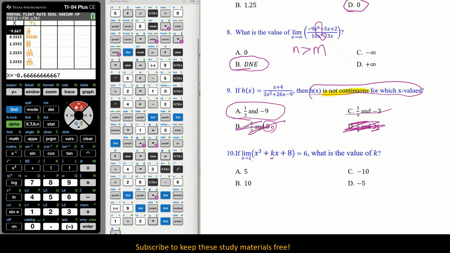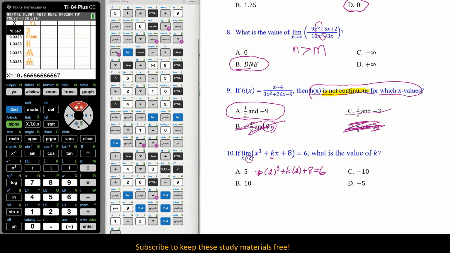All right, so what we're going to do is the number 2 will go in for x. So we're going to say this implies that 2 to the third, that value is going to be 8, plus k times 2 plus 8 equals 6.